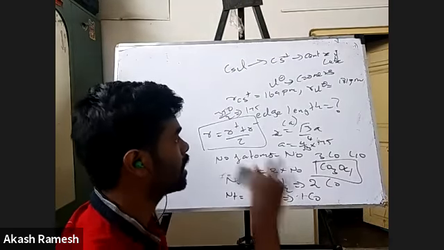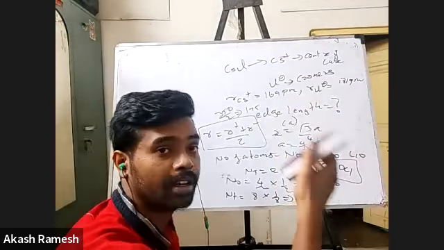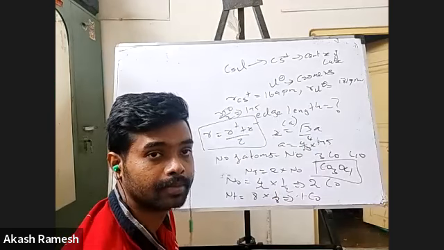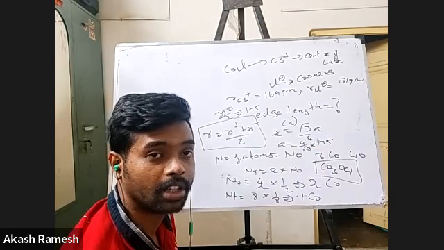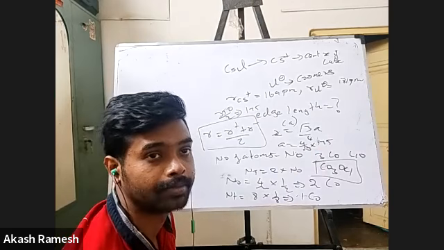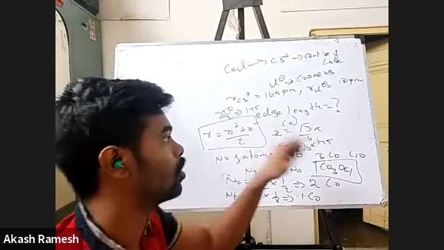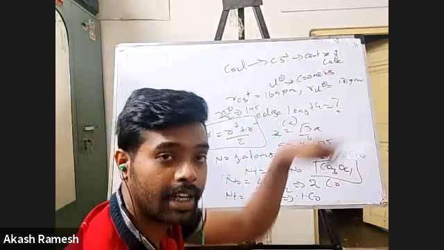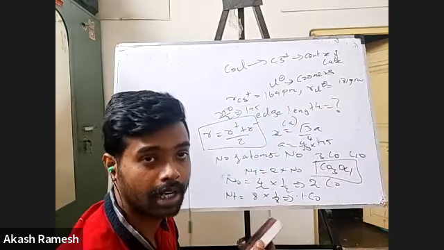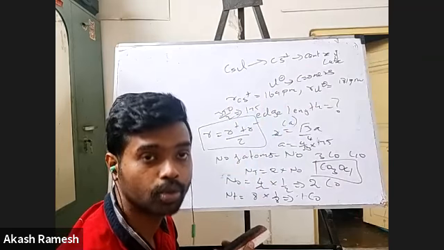And obviously, the same kind of question, along with edge length, I would have asked you what is the density for the same question. What do you have to do at that time? You have to use the formula d is equal to Zm by NaA cubed. You know the molecular mass of cesium chloride. You know now from this r calculation what the a value is. Substitute in that equation, and you know the number of atoms per unit cell for BCC, that is 2.